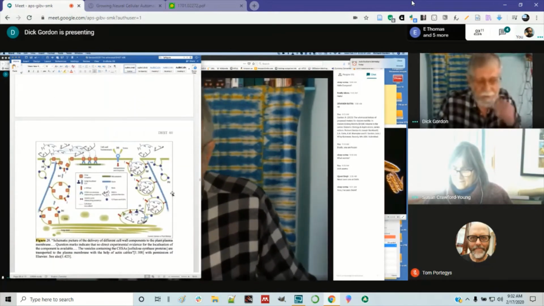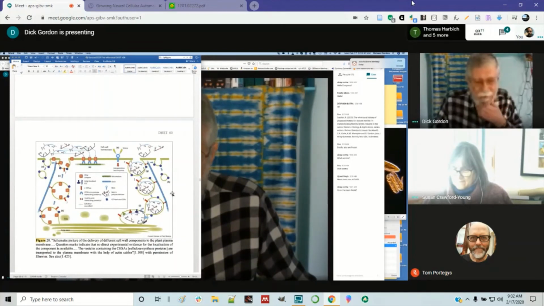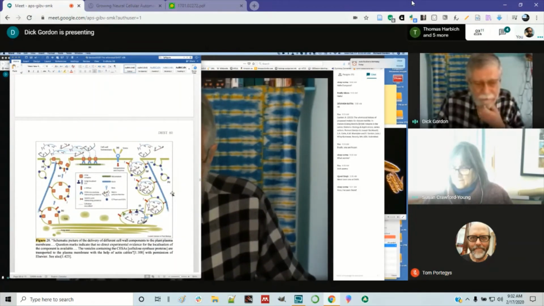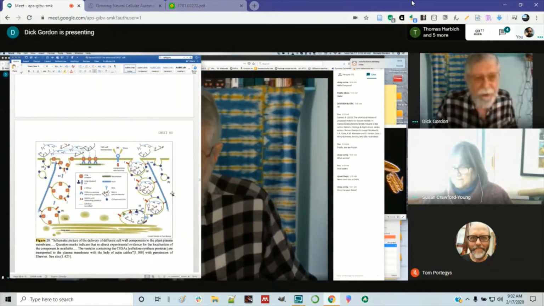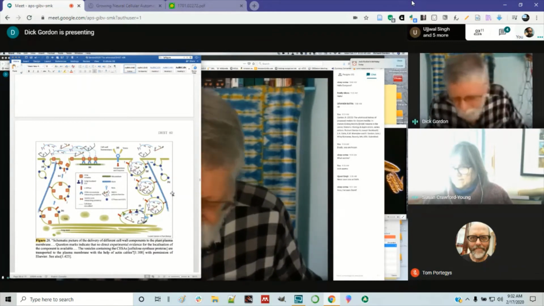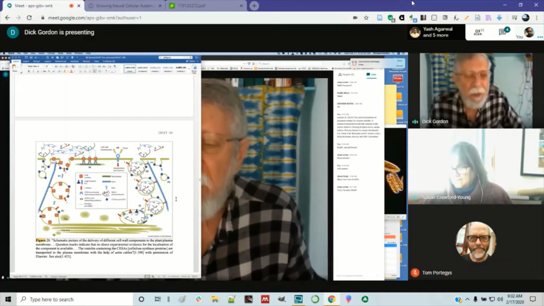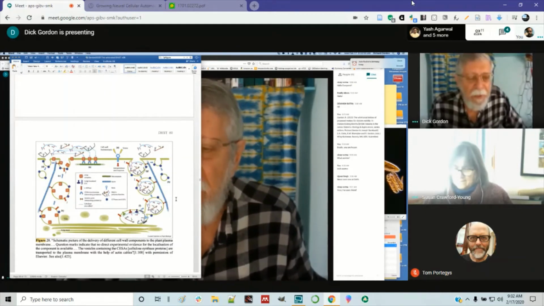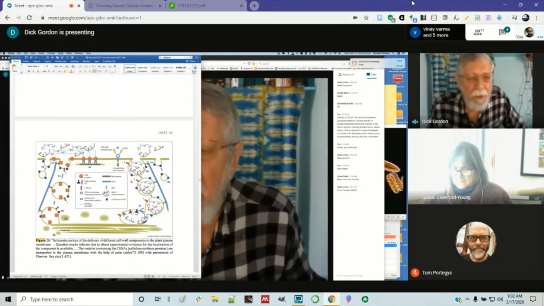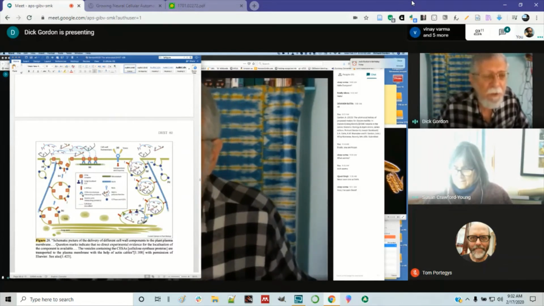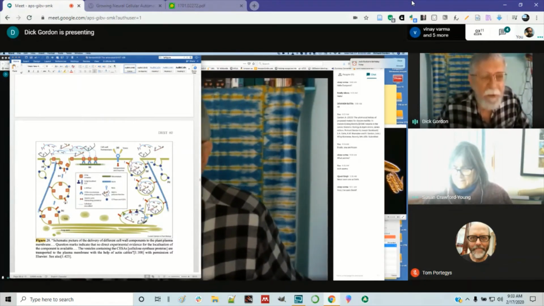Now, the next thing I want to show you is where I started getting into the following. If the cell is putting stuff outside of the cell, that process is called secretion. Plants secrete something which we know quite well, which is cellulose.